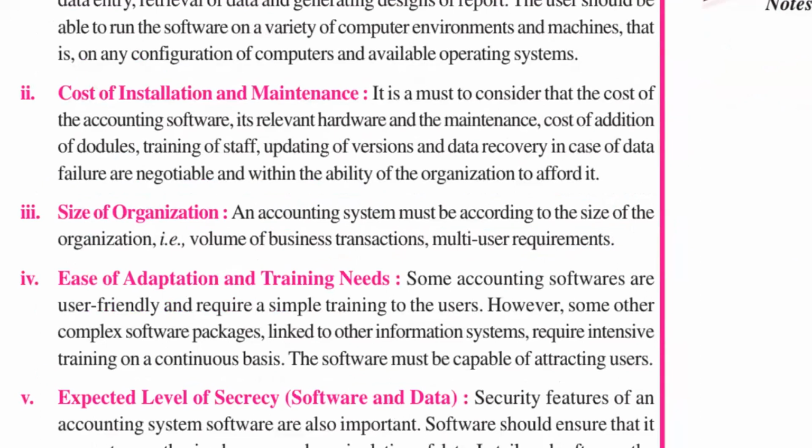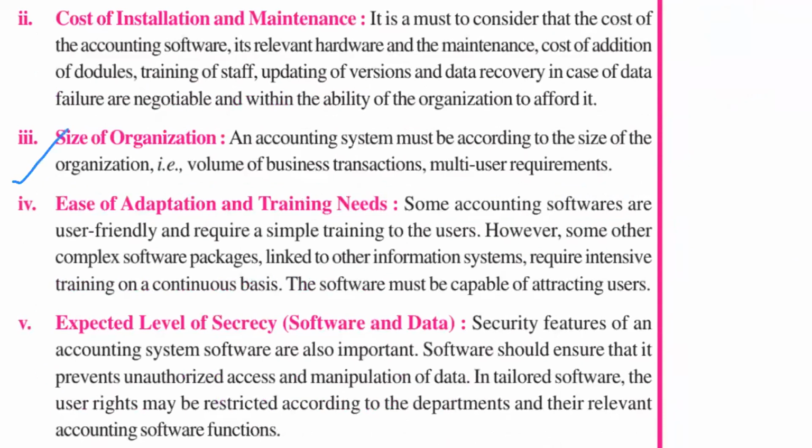Then the size of the organization also has to be remembered. See, an accounting system must be according to the size of the organization, that is, the volume of business transactions, meaning the quantity of business transactions, and multi-user requirement. Suppose you are a large organization; obviously you need specific software, and your volume of transactions is more, and that is why you have many accountants, so it should be multi-user.